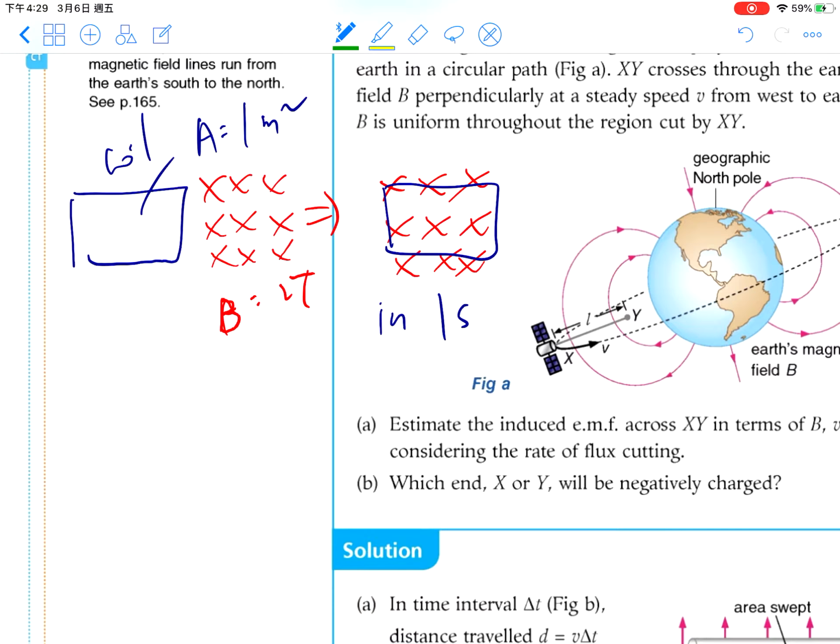So what is the induced EMF and induced current? Suppose we have R equal to 1 ohm.